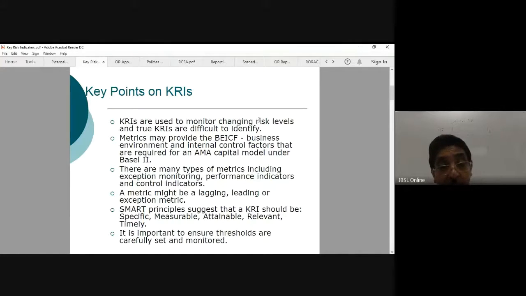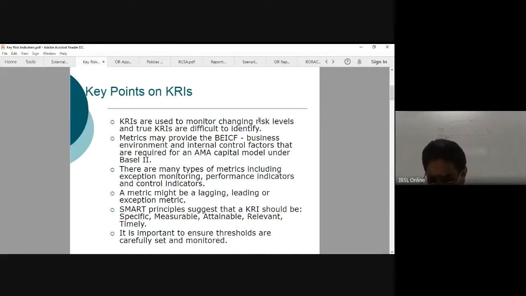Now, for the advanced measurement approach, this KRI is a more suitable type of measure. When you talk in terms of a KRI, it should be specific, measurable, attainable, relevant and timely.